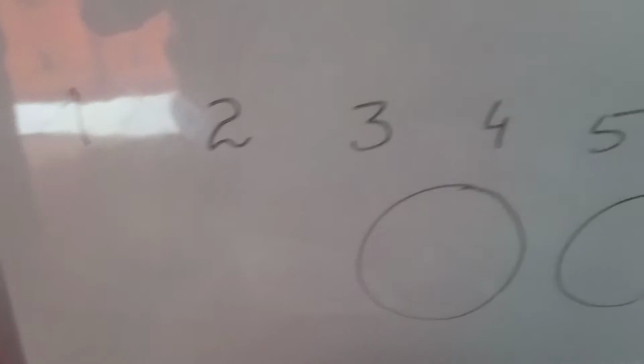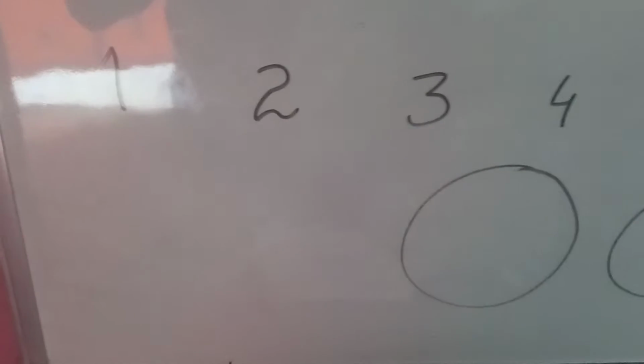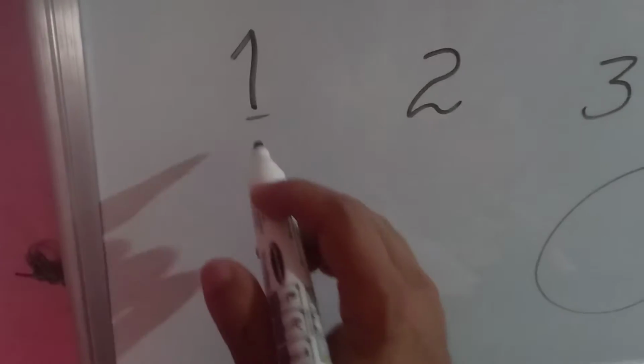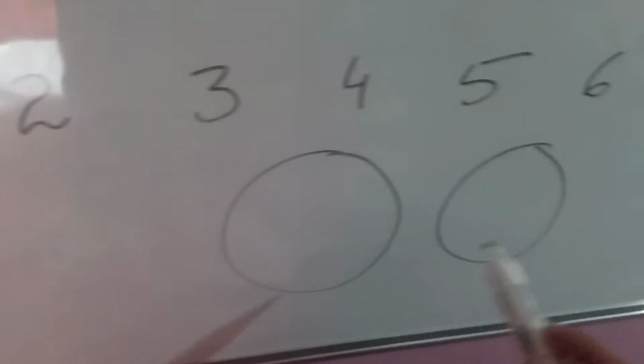So let's take an example of 1. Let's start with 1. Whether it is odd or even, how will we find out? We'll divide this number into these two groups.